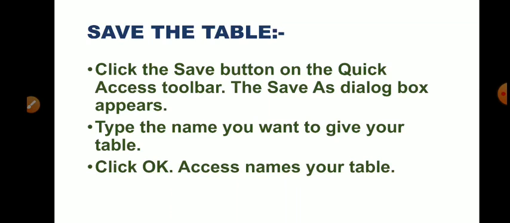Yes, record of class 8th. When we provide the name of the table, then we have to click OK. And when we click OK, then we get the name for our table.